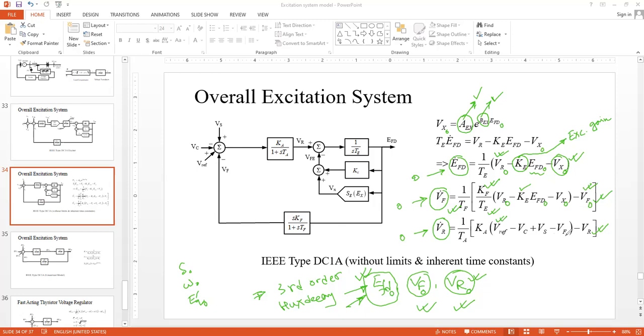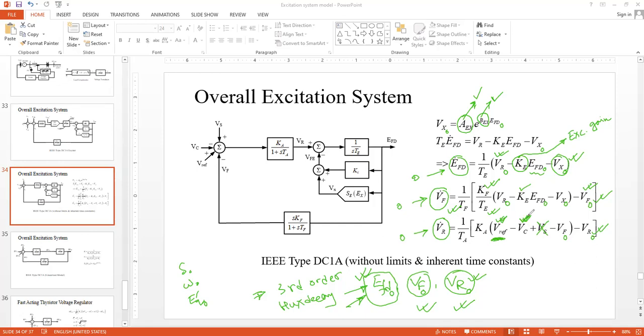So let's see how you can do that. VF naught is now known from here. VR naught is known. VS, the power system stabilizer, if we are not using it, simply take it as 0. If you know the compensator block output, then you can calculate VREF, or establish some relationship between VREF and VC.